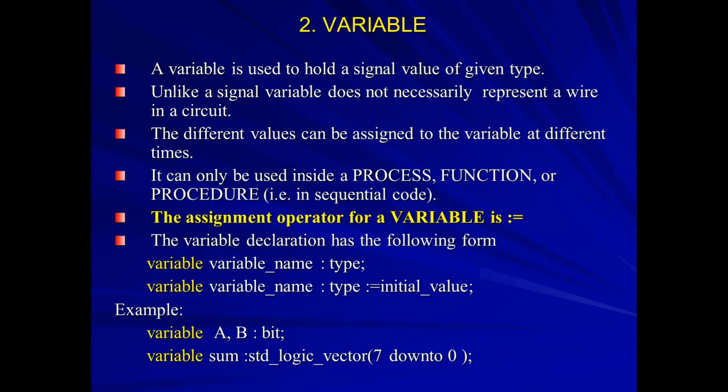Let's see some examples. Variable a comma b colon bit means here we have declared the variables a and b of the type bit. In a similar way, we have declared the variable sum colon standard underscore logic underscore vector 7 down to 0.